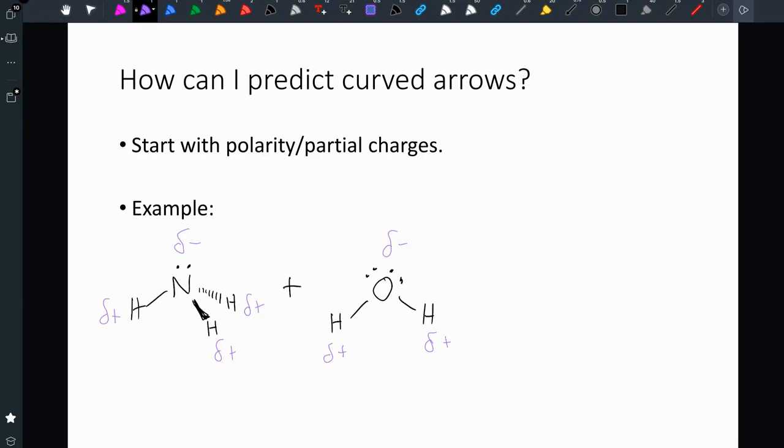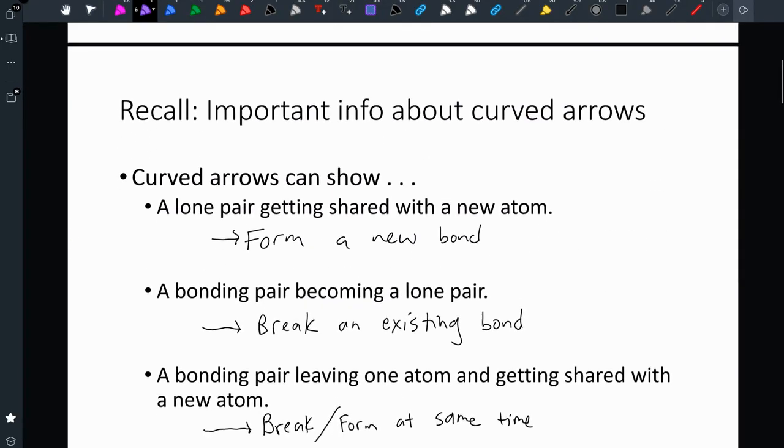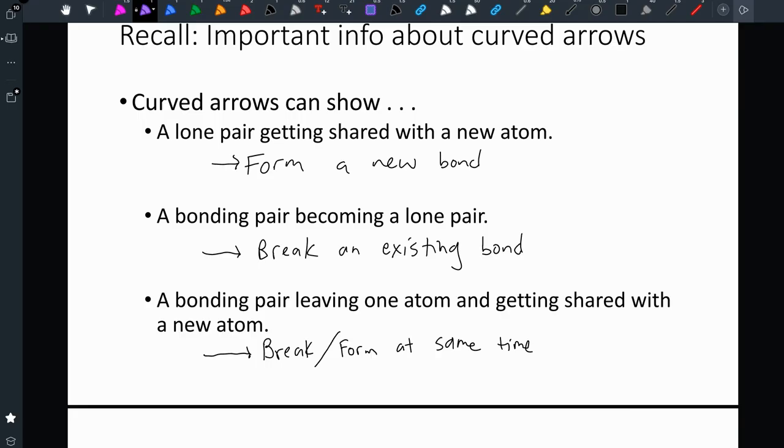All right. So you start with polarity, and then think about our three moves. A lone pair getting shared with a new atom. Well, generally, a lone pair is where we have a concentration of electrons, right?